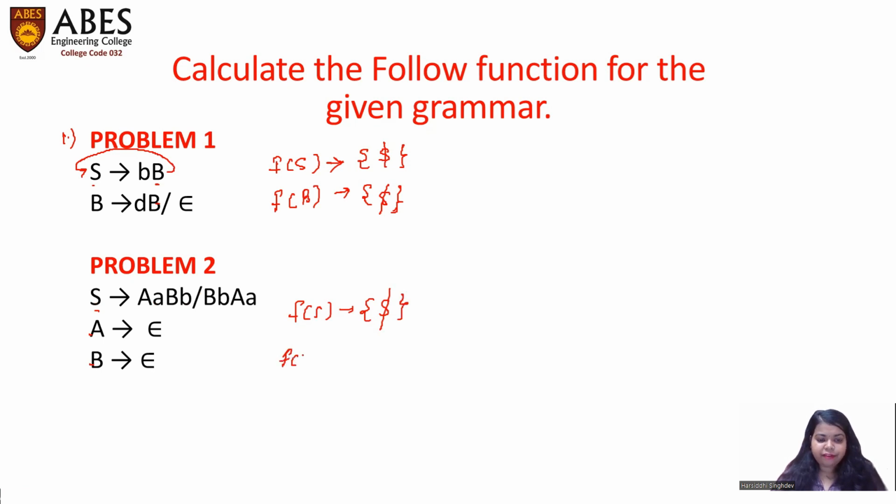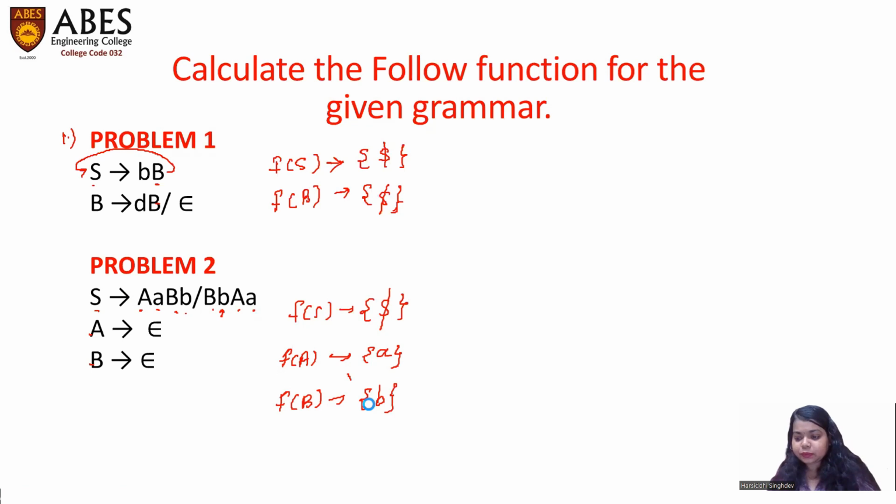Now follow of A. After A in the right hand side, what is occurring? Small a. So we can write small a in the follow set. And follow of B: just after B, what are we getting? Small b.